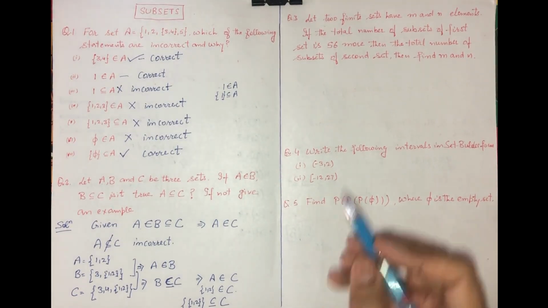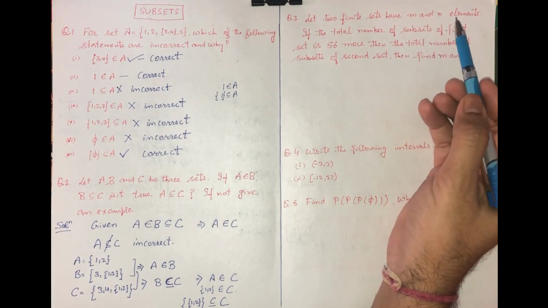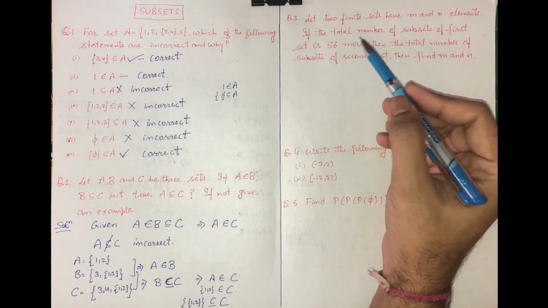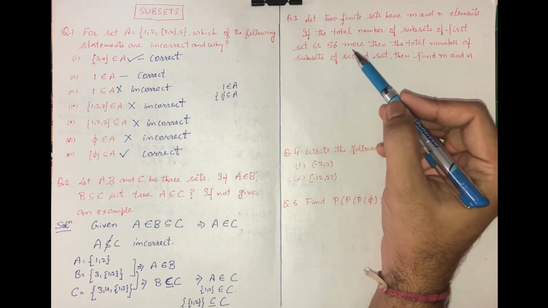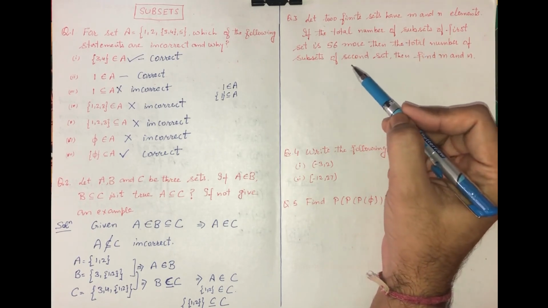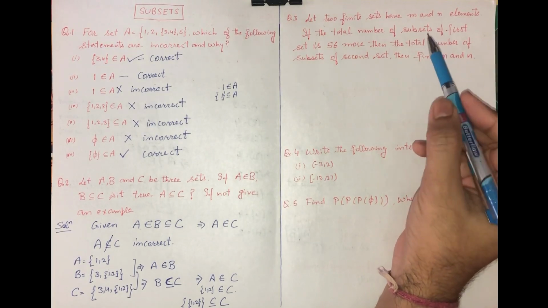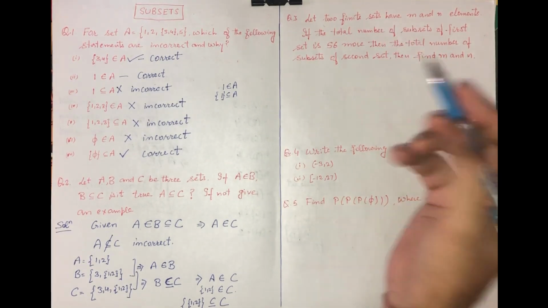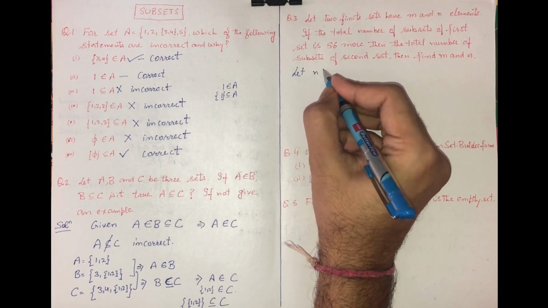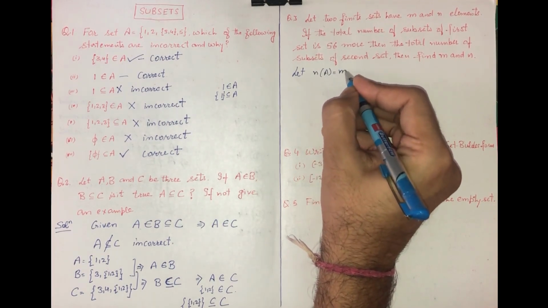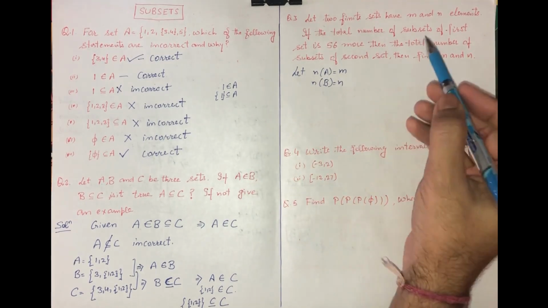Next question. Let two finite sets have M and N elements. If total number of subsets of first set is 56 more than the total number of subsets of second set, find M and N. So we are given order of two sets. Let two sets are A and B, and order of A is M and order of B is N. And we all know the number of subsets.